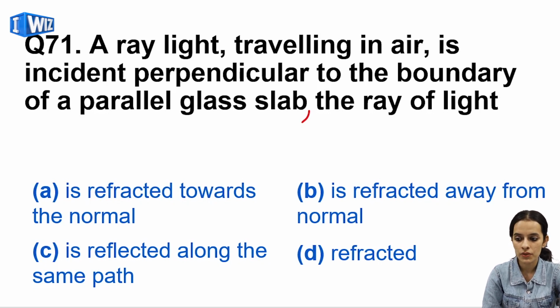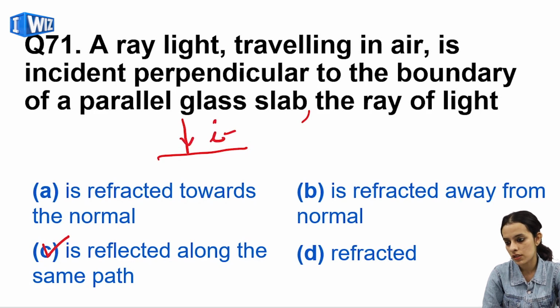Is it refracted away from the normal? Is it refracted along the same path? C option is right because I already told you that if this is a parallel glass slab and the ray of light is incident perpendicular, the angle of incidence is 0 degrees and it will pass along the same path.